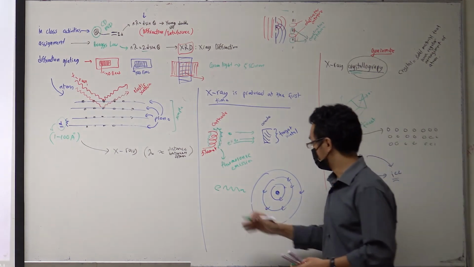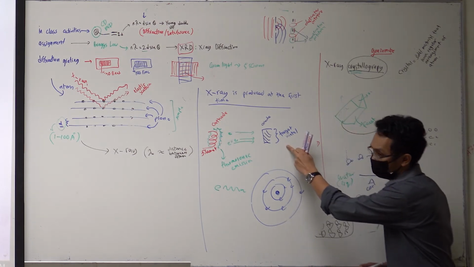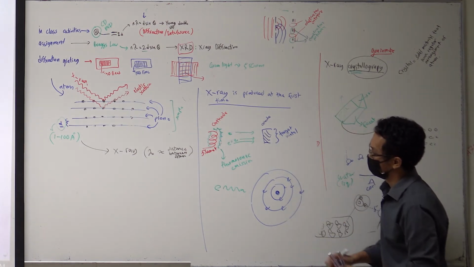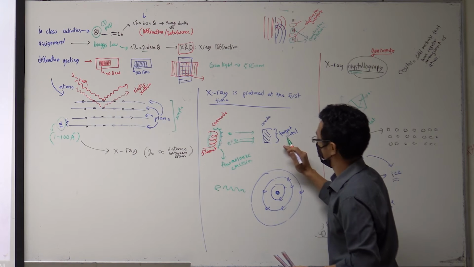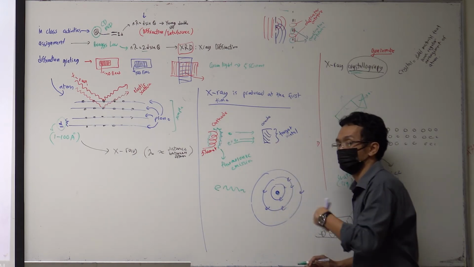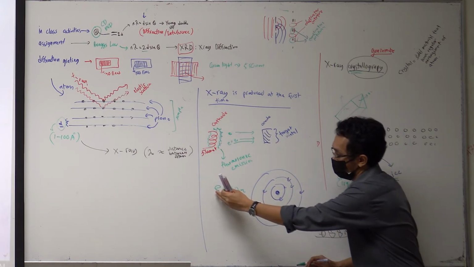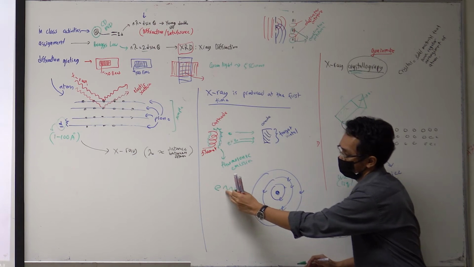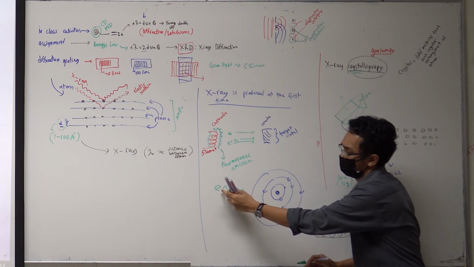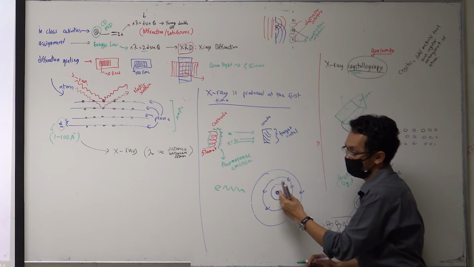So for the X-ray here, they choose a specific target metal in order to produce X-ray. So what will happen when the electron reaches this atom?